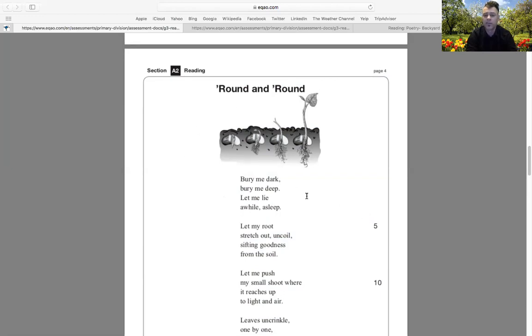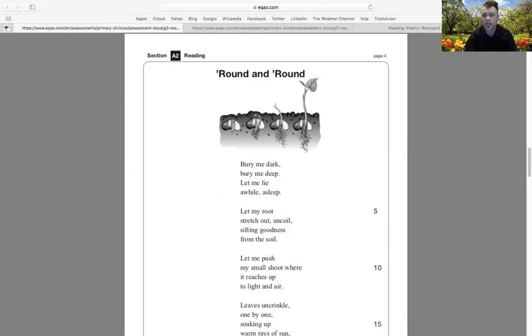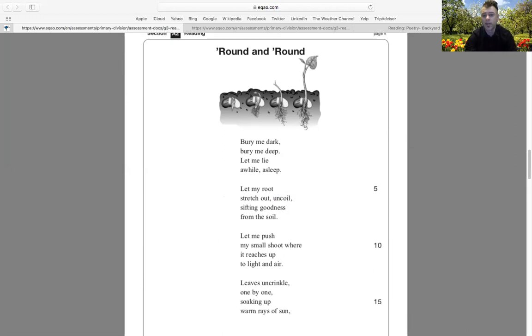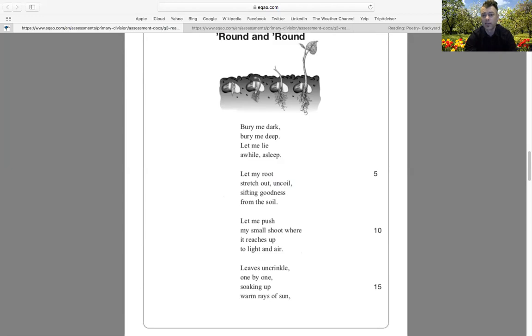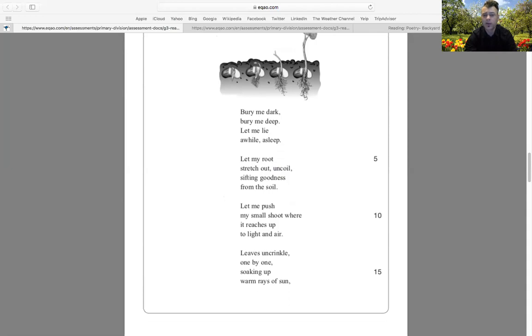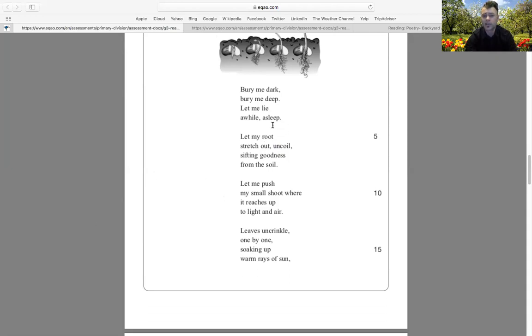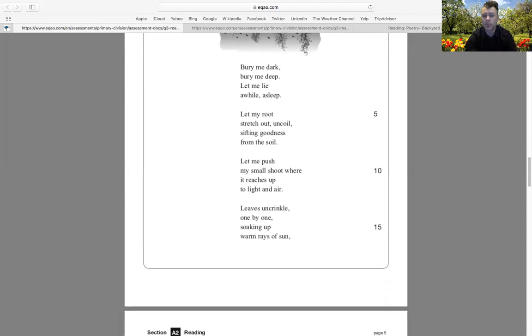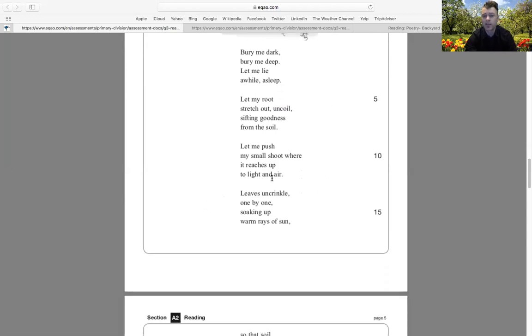So again, the interpretation of this poem is that it's about the seed who wants to be buried into the ground and wait till it's time to get out of the soil. And then as it gets the good nutrients from the soil, it pushes up and reaches the light and the air.